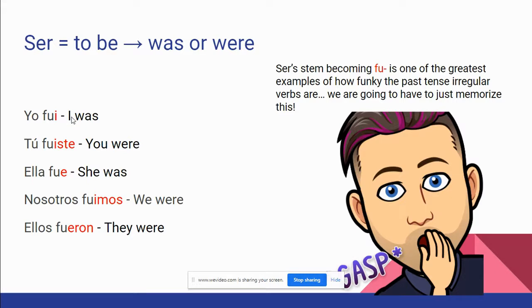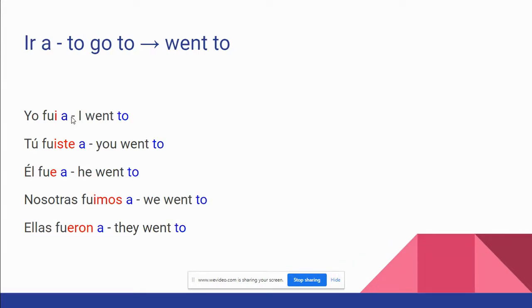Now we have a little bit of a problema. Do you see it? I'll let you look again if you haven't seen it. Our issue here is it's the same word. To say was and went to is the same exact word.